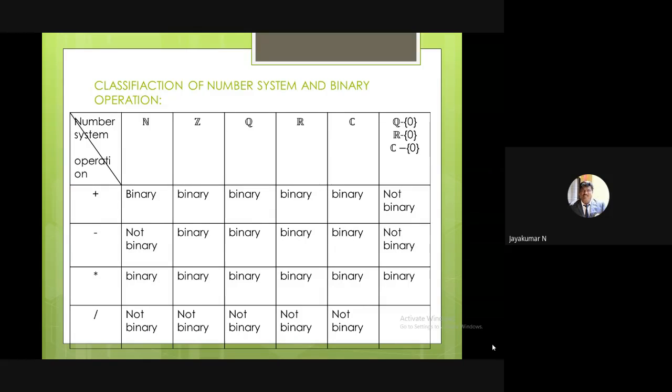Anyone reply to me, please? It's a binary. Anyone? Any answer binary? Kausika or Nandini, Sindhuja and Sanjay Sharan gave the answer binary. Anyone have the answer other than binary?